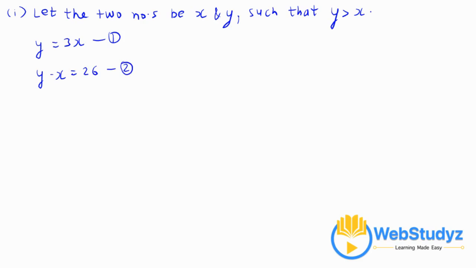Now, substituting the value of 1 into 2, we get 3x minus x equals 26. So, from here, this will give us 2x equals 26. So, we get the value of x as 13.